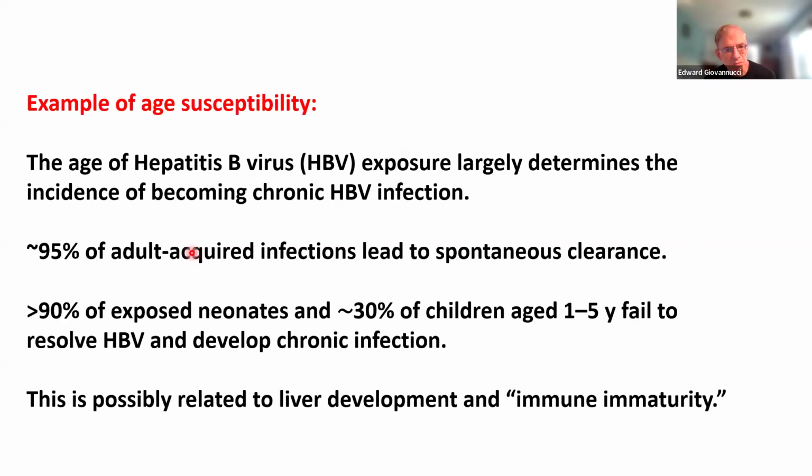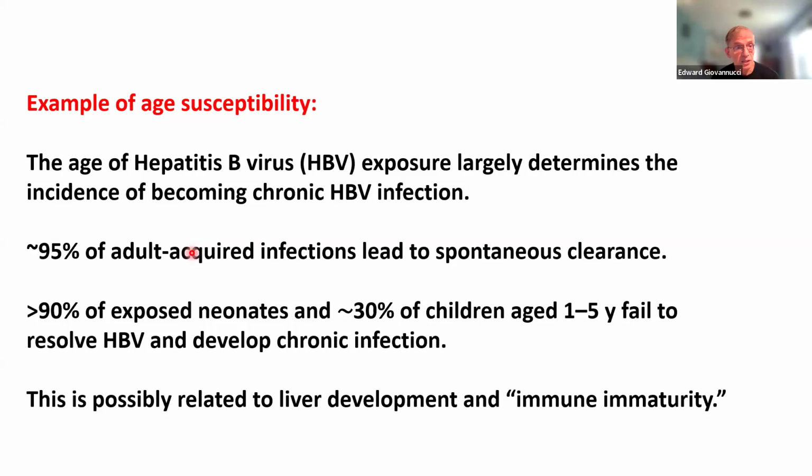There are some examples where it's definitely true, and one classic example I'll mention briefly is hepatitis B exposure, which is a big determinant of liver cancer. The age of hepatitis B virus exposure largely determines the incidence of chronic HBV infection, which is what's required to eventually lead to liver cancer.